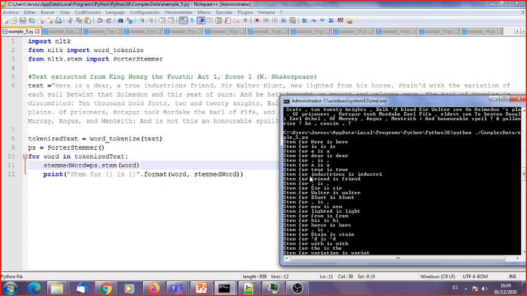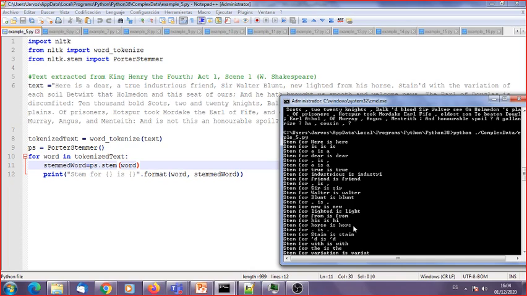As I said, sometimes the stems that we retrieve are not in the vocabulary, in this case, the English vocabulary. Or for example, "horse": the stem is "hors" without the final e. I don't know in English, but I think "hors" does not exist.